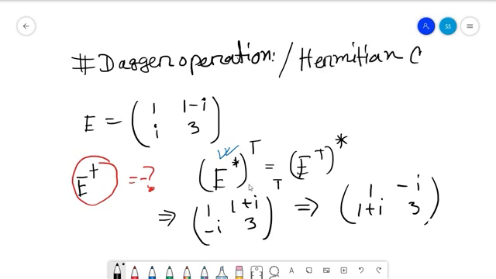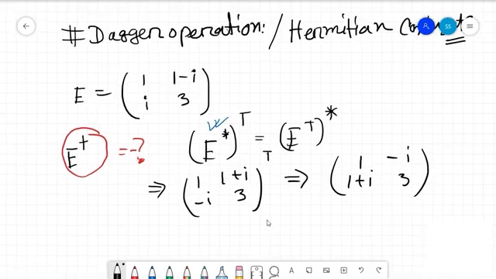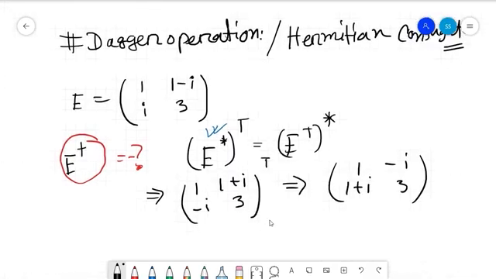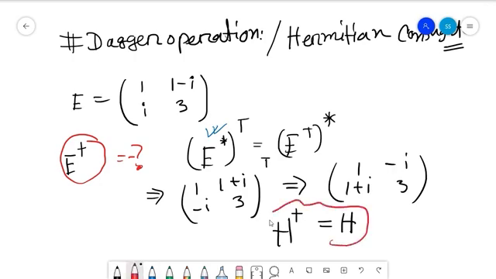Let me just write this Hermitian conjugate for your convenience. The reason it's called a Hermitian conjugate is because there are certain types of matrices that satisfy the following. Let's say H, and this H dagger is equal to H. This type of matrices are called Hermitian matrices, and they play a significantly important role in physics because they have real eigenvalues.